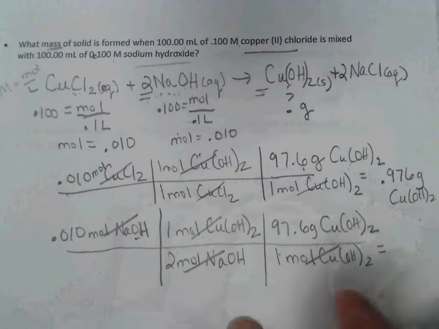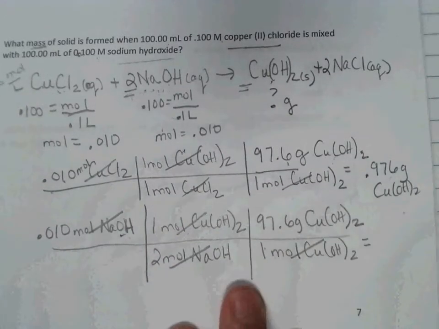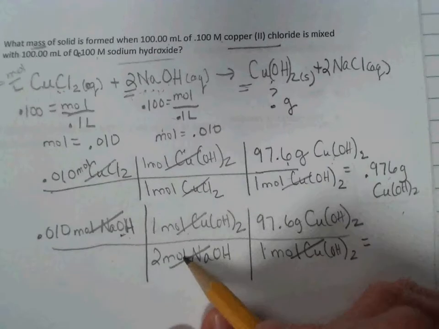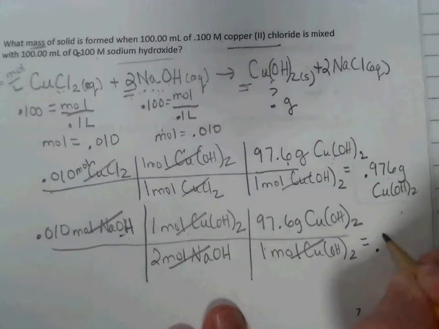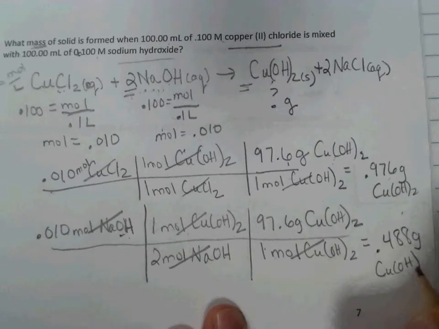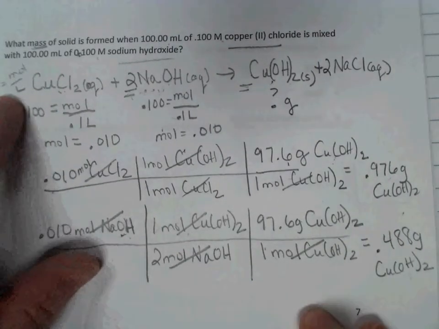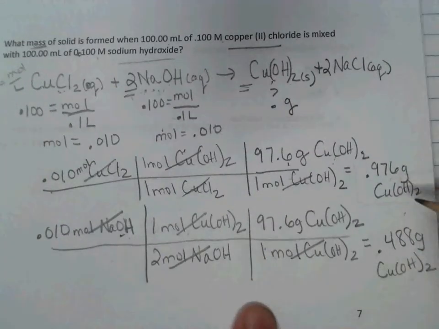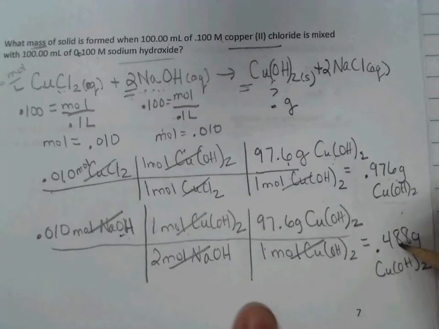All right, let's just talk about that. What does this number give us? What does this little mathematical expression give us in the end? It's the same, 0.01 times this, but then I could divide it by 2, right? So it's 0.488 grams. Okay, what is this saying? This is saying if I have 0.01 moles of this and 0.01 moles of this, this is what it would give me. Can I get any more than 0.488?